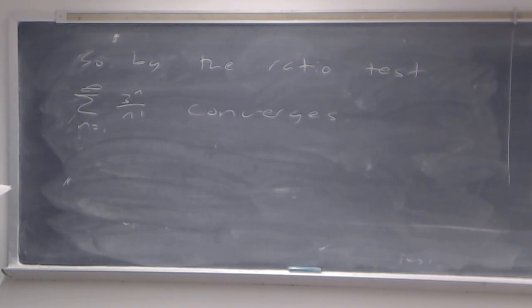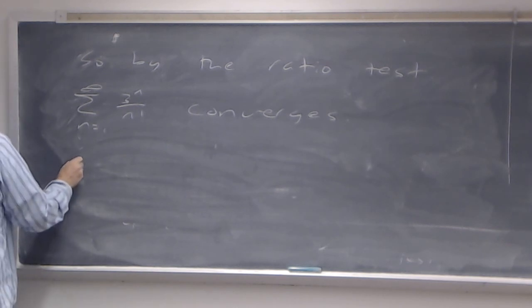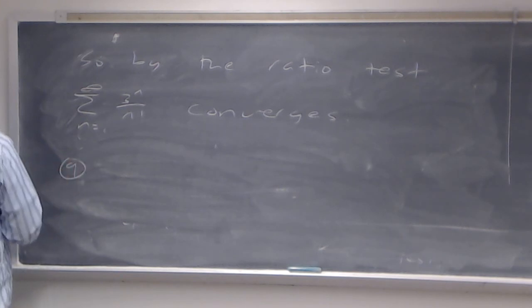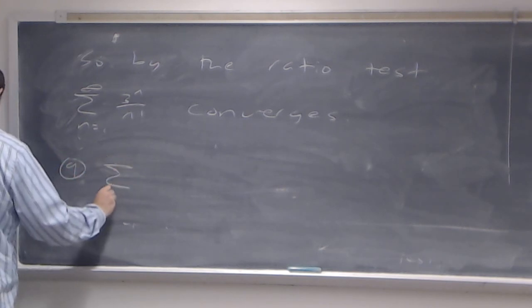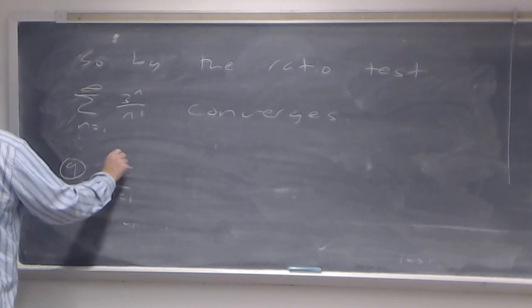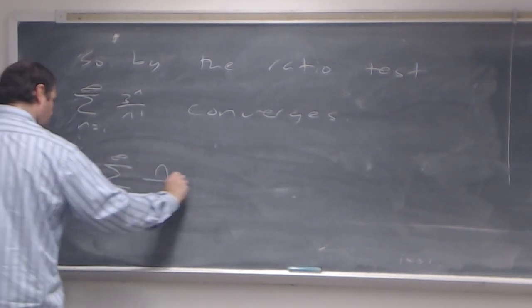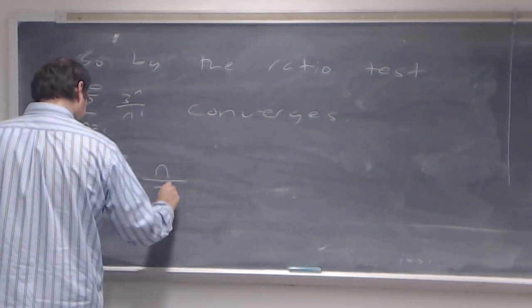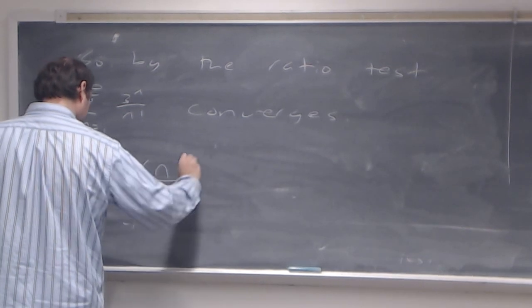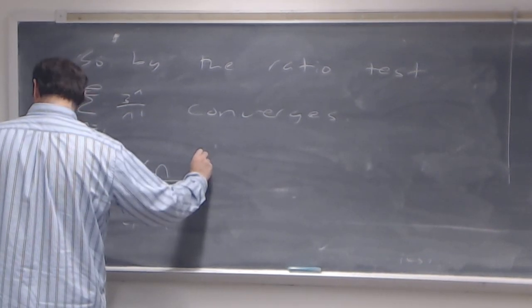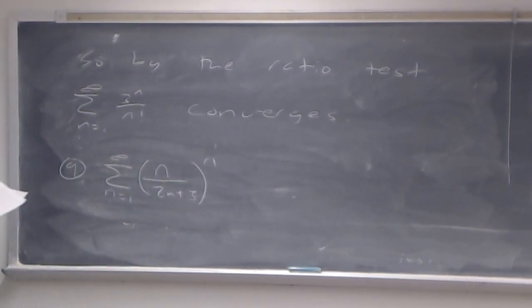Let's look at another example, our last example. And here's what it says. We're going to look at the sum as n runs from 1 to infinity of n over 2n plus 3 raised to the nth power.